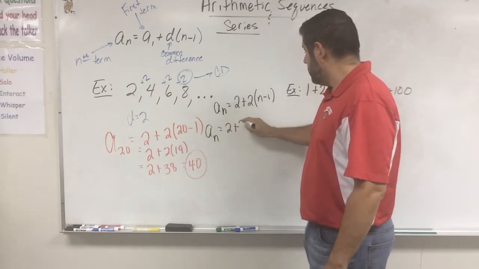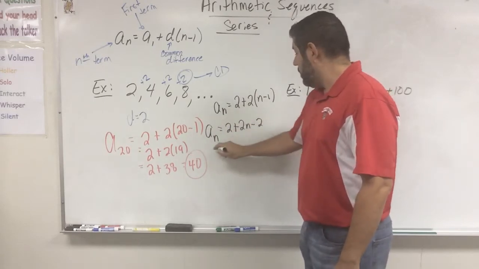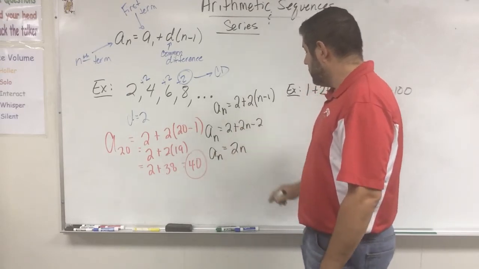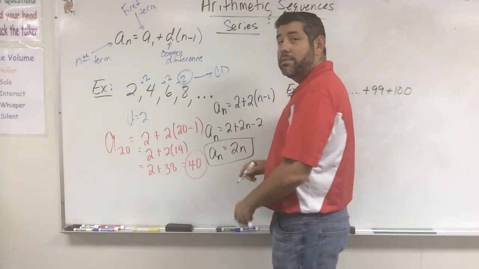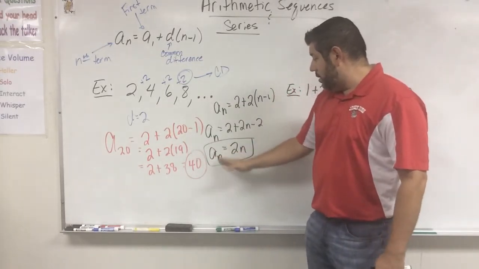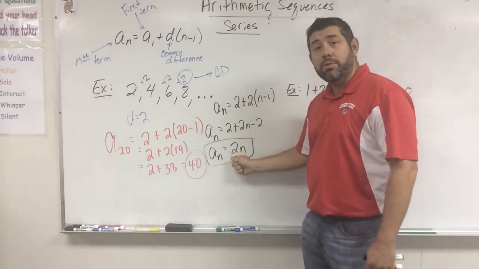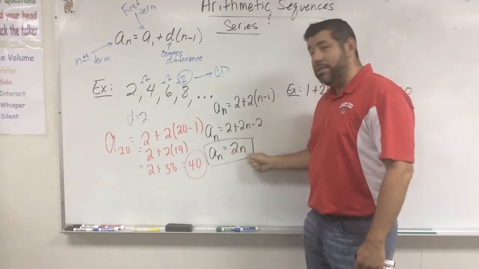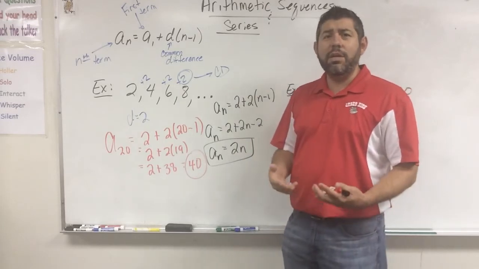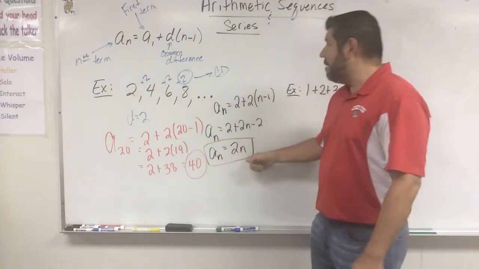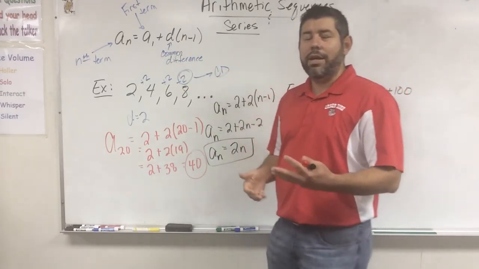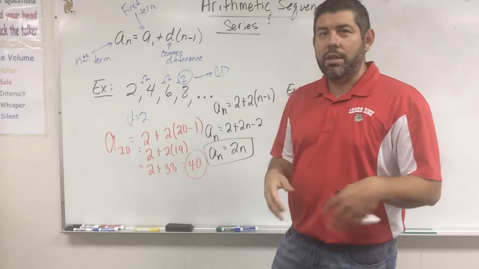We get 2 plus 2n minus 2, and so a sub n is, these 2's go away, just 2n. So this would be our formula. Notice here, this is linear. For any term that we want, we just have 2 times n, and this is a linear equation. So it turns out that all arithmetic sequences have a linear formula. And you can actually graph arithmetic sequences in a graphing calculator.